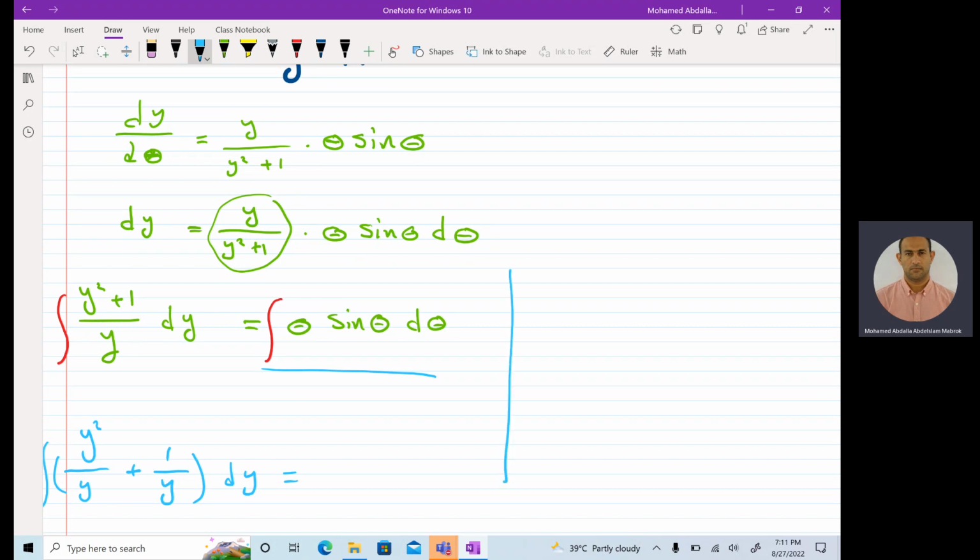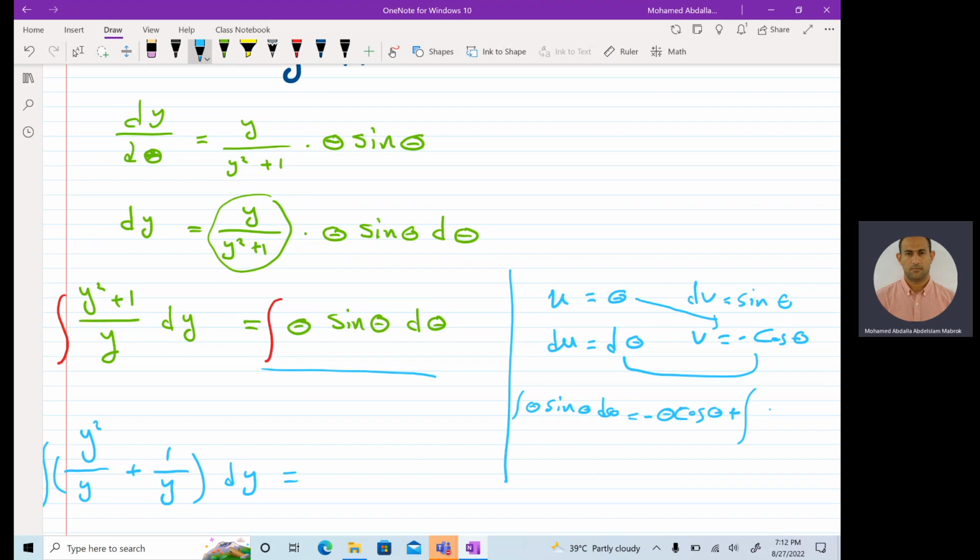So in order to do this integration, u will equal theta, dv will equal sine theta, du will be d theta. So we do the differentiation here. Here the v is minus cosine theta. And then that means integrating theta sine theta d theta equals this times this, which is minus theta cosine theta, minus integrating this times this.